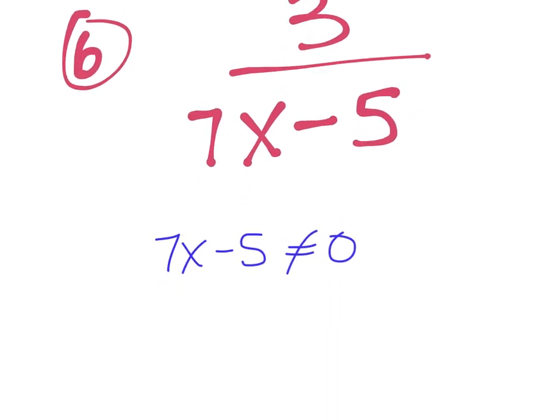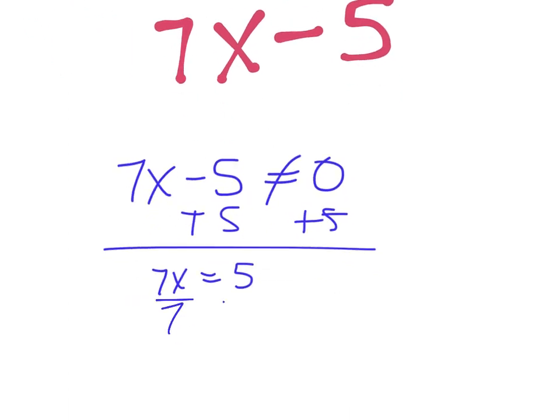So I would do what to both sides? Add. Okay. So 7x equals 5. Then what? Divide by 7. So x cannot be 5/7. It can be anything else, but it can't be 5/7. Because when I plug 5/7 in for x, the denominator becomes what number? 0, which we can't have.